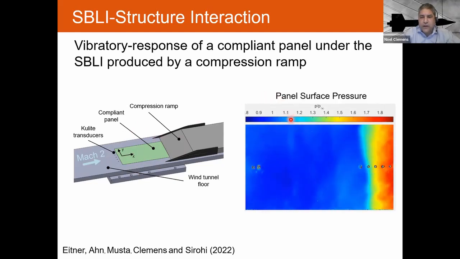So this is the surface pressure from the PSP, and these things here are Kulite transducer ports, but this you can think of as the forcing function, right? In this case, the flow is left to right, and this is the separated flow down here, and this is forcing that panel to vibrate.